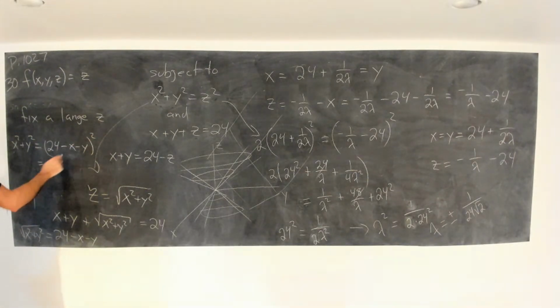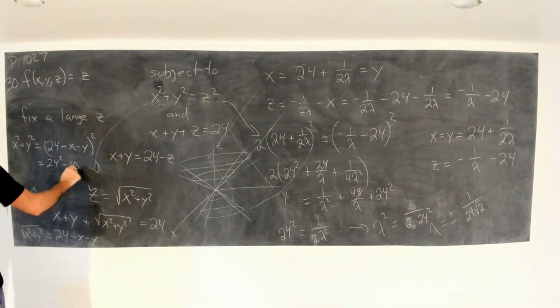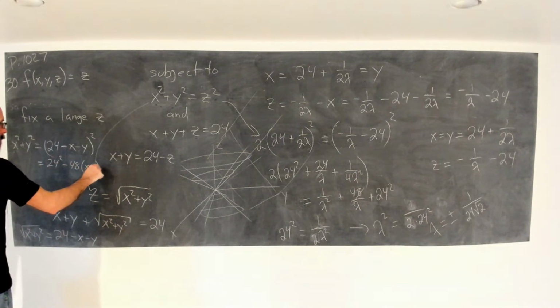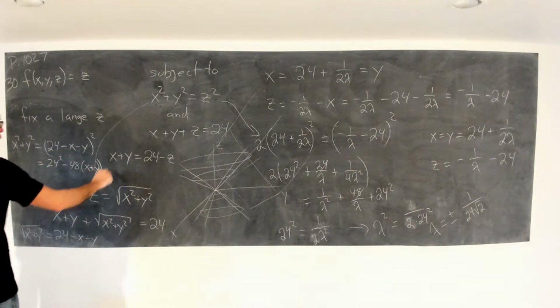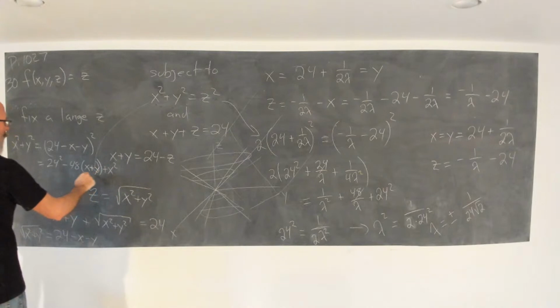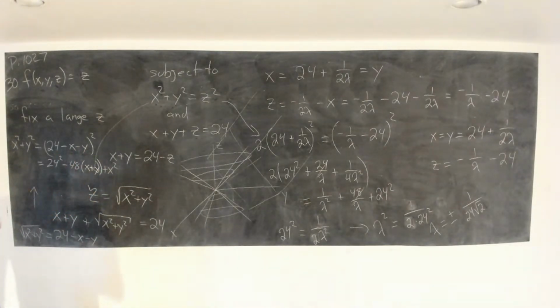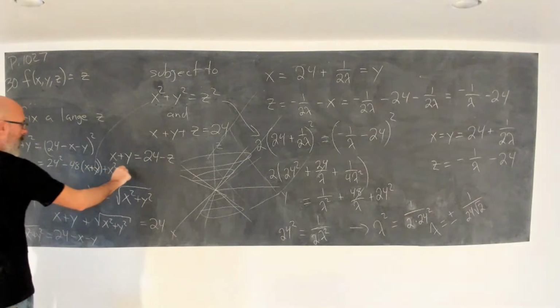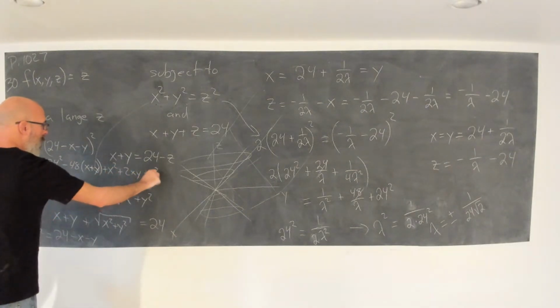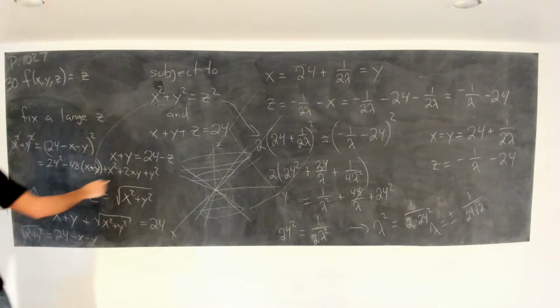You can square that. This is 24 squared. This times 2, so minus 48 times x plus y, plus this squared, which is x squared, this times 2, plus y squared. Now the x squared and y squared cancel out.